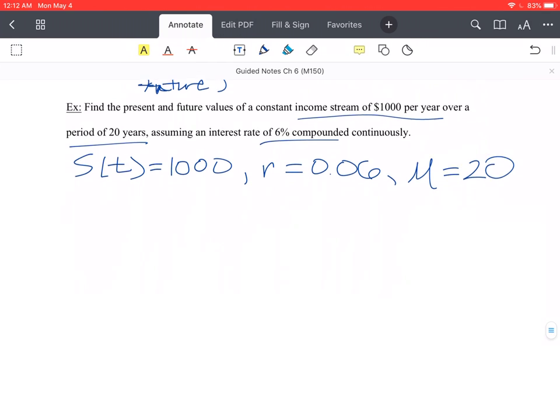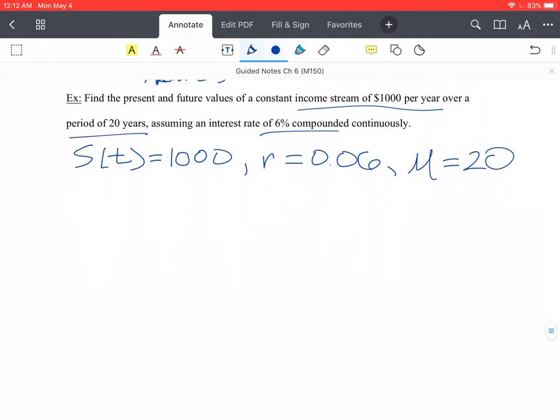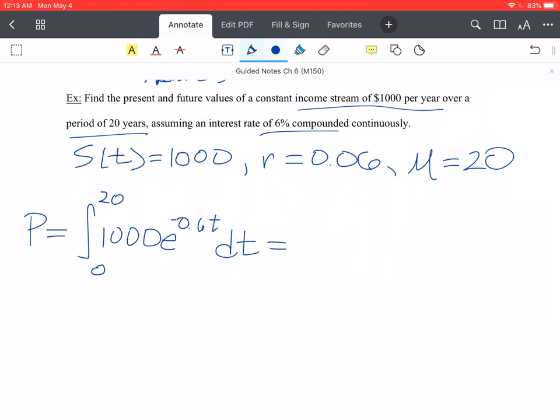So, to get our present value, P, this is going to be the integral from 0 to 20 of 1,000 e to the negative 0.06t dt.